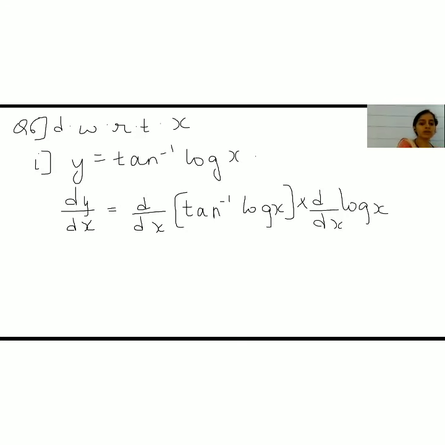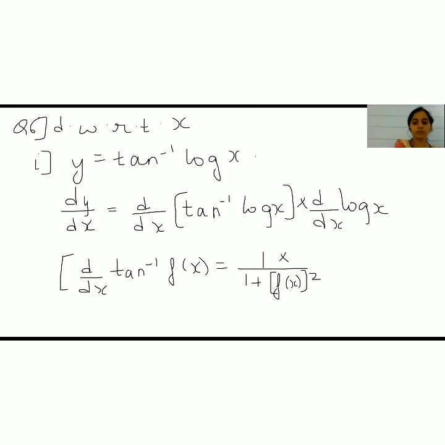Now, what is the property that we will use? So we have something like d by dx of tan inverse of f of x is equal to 1 upon 1 plus f of x the whole square, okay, multiplied by f dash of x, right? So what will we do? We have already done the f dash of x over here, right? So we only have to substitute 1 upon 1 plus f of x the whole square.